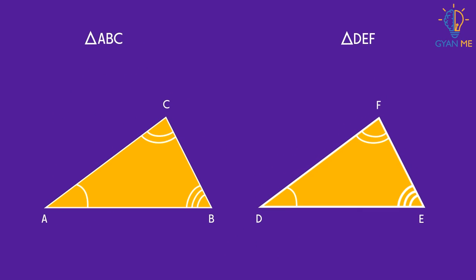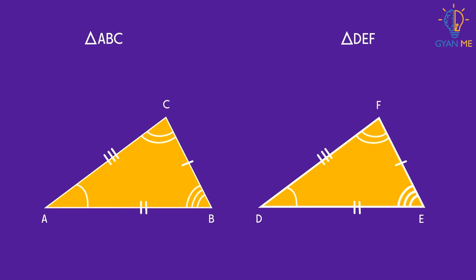Now students, in case 1, along with all the angles, side AC is equal to corresponding side DF, side AB is equal to corresponding side DE, and side BC is equal to its corresponding side EF.